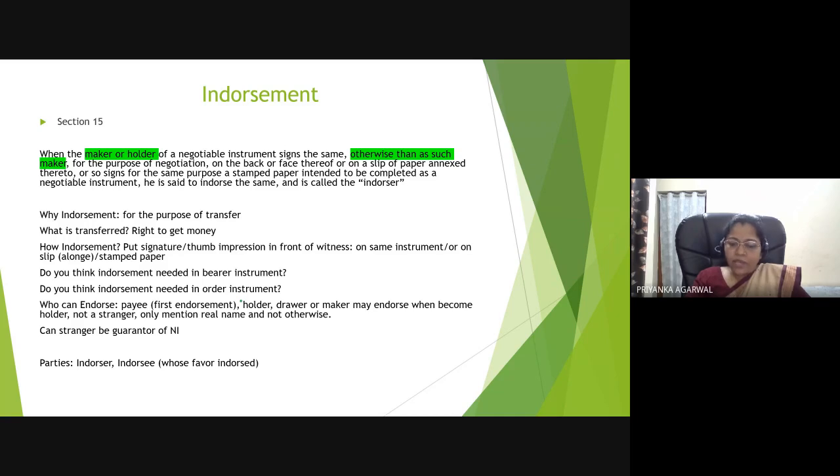Through this instrument, Mr. X has the right to receive money from me, and if he owes some money to somebody else, he can endorse it to that person. But how can I, being a maker, endorse that instrument? So give me a scenario, Subhendu, when a maker becomes a holder.